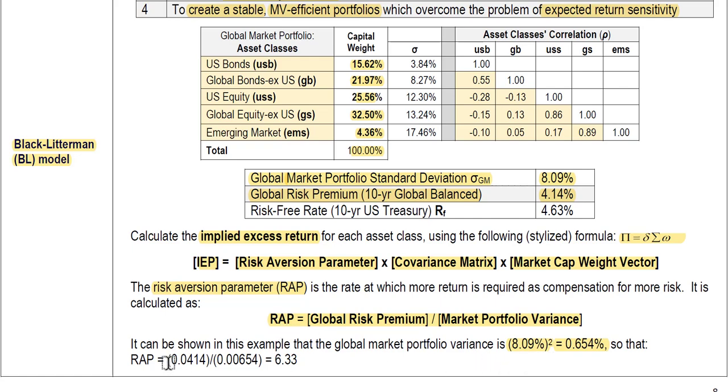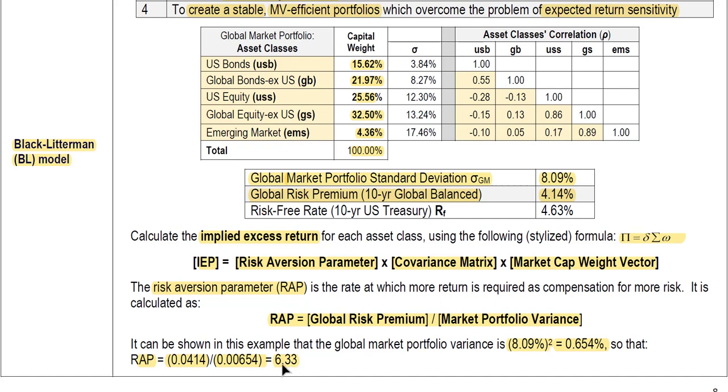So the risk parameter is the premium of 4.14% divided by the variance. That means the premium per unit of variance, the premium per unit of risk. So for every 1 unit of risk, what is the premium that the investor wants? 6.33.